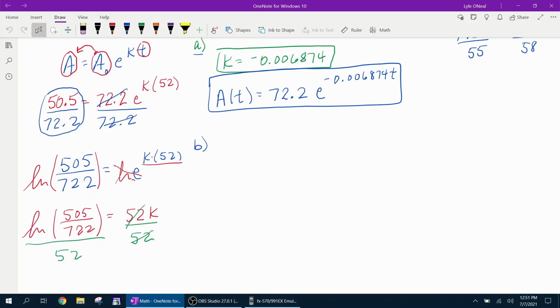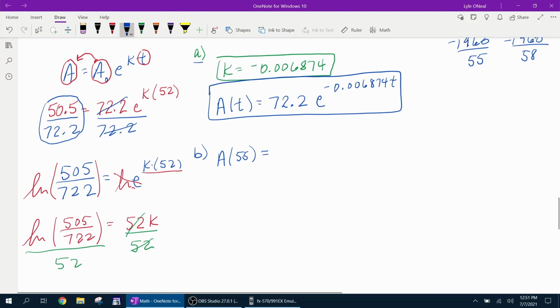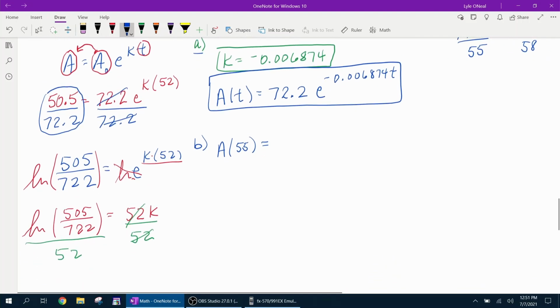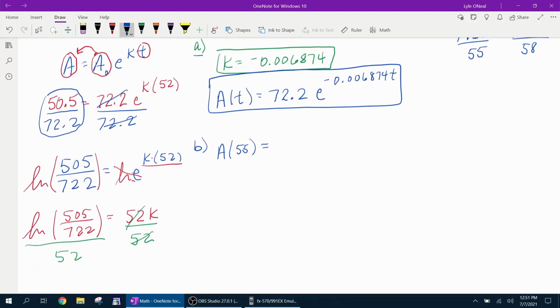And so now we can figure out the amount of people married after 55 years, and that will correspond to the year 2015. And this is just a plug-and-play problem. 72.2 e to the negative 0.006874 times 55.